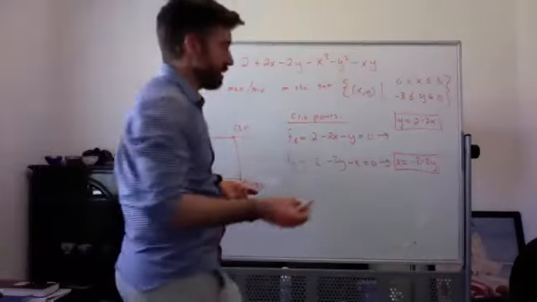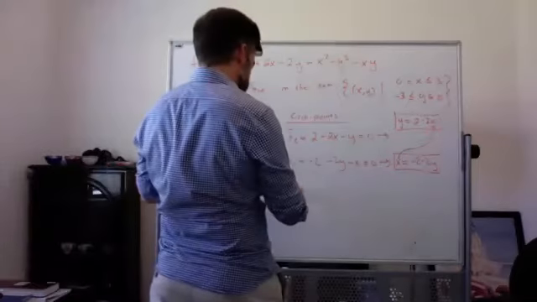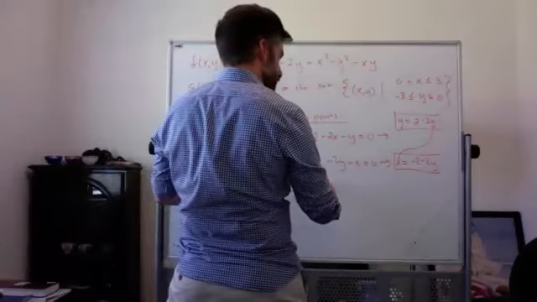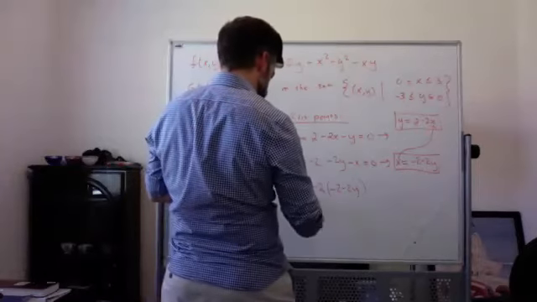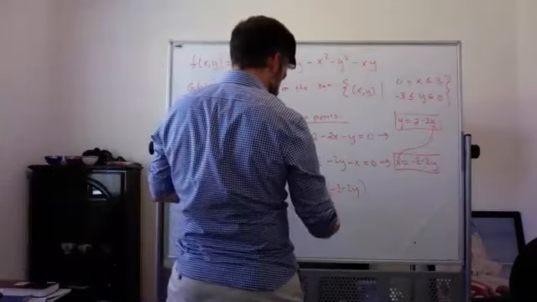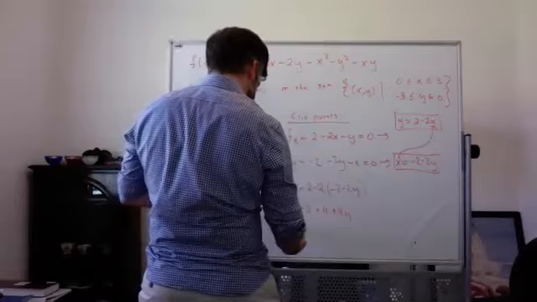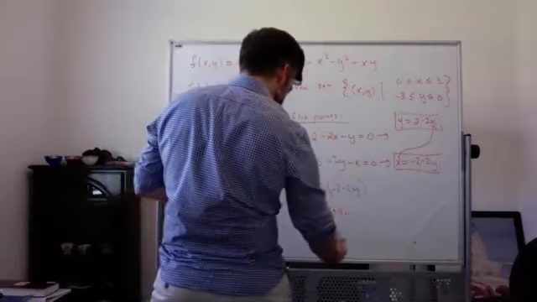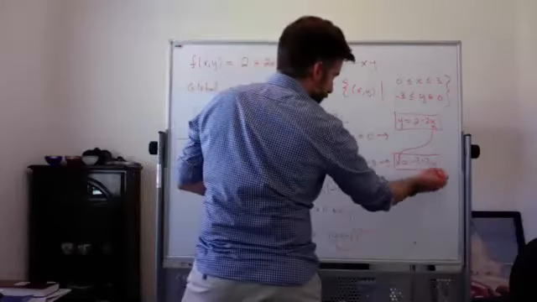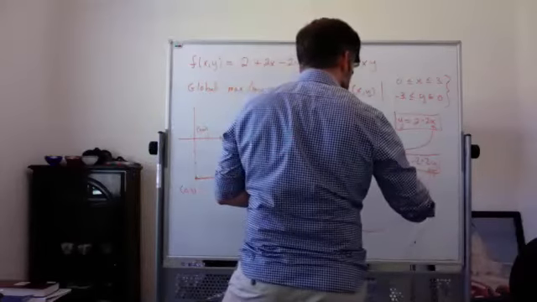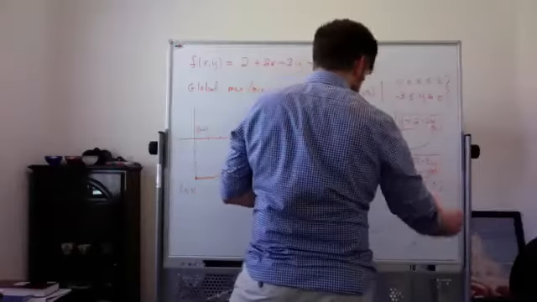I plug in x and get y equal to 2 minus 2 times (-2 minus 2y). So y equals 2 plus 4 plus 4y. Subtract 4y, I get -3y equal to 6, so y equals -2. Plugging that back in, x equals -2 minus 2 times -2, which is -2 plus 4, which is 2.